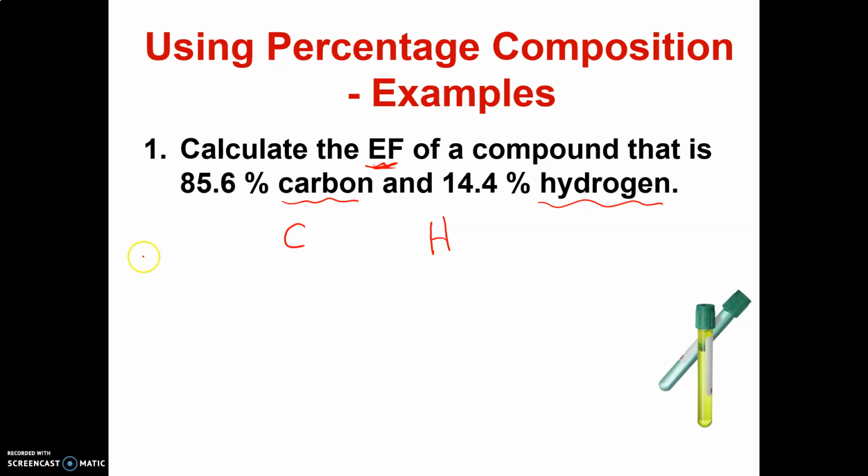Now, all you have to do right now is write the masses of these two elements. When you look at the problem, there are no masses, but there are percentages. Simple. When you have percentages, just use these percentages and directly put them as grams.